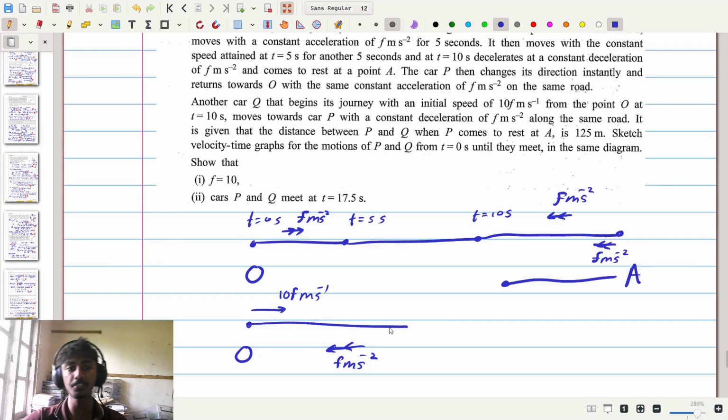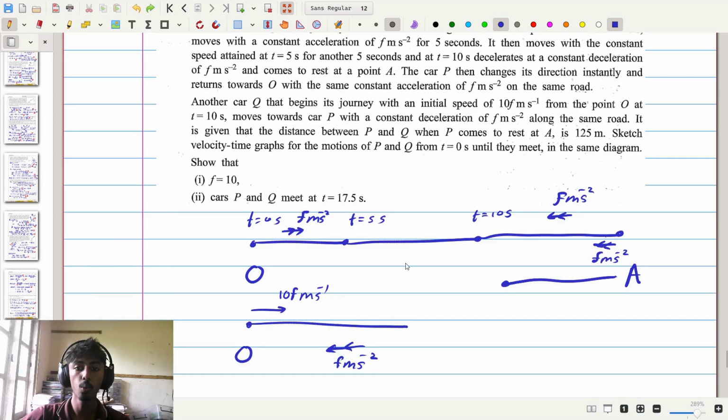Now with this, the question says, it is given that the distance between the car P and the car Q when P comes to rest at the point A is 125 meters. It then says, sketch the velocity time graphs for the motions of P and Q from t equals 0 seconds until they meet in the same diagram, and given this, we are asked to show that first, the value of f is 10, and second, the cars P and Q meet at time t equals 17.5 seconds.